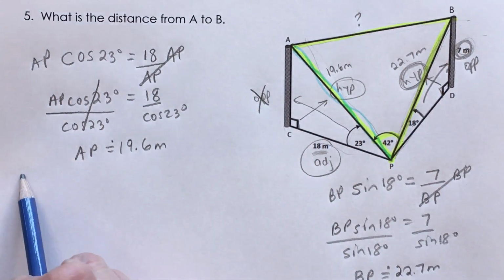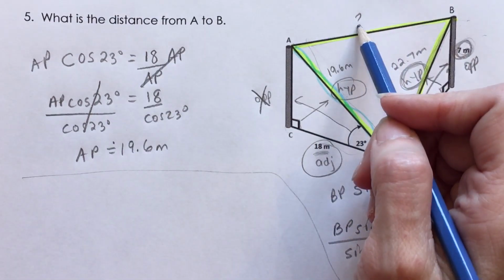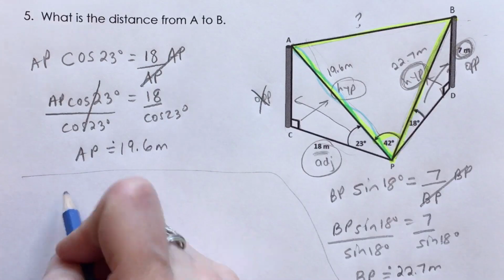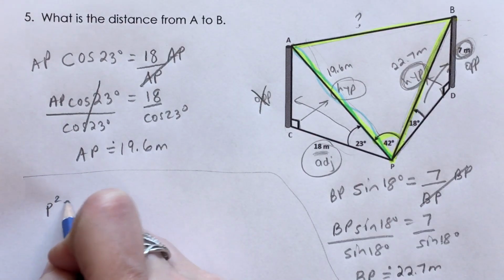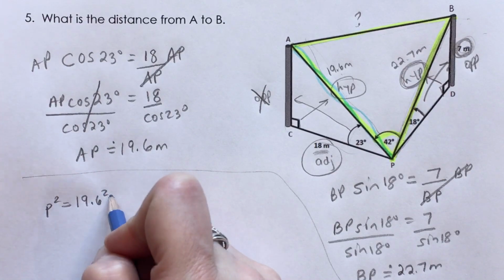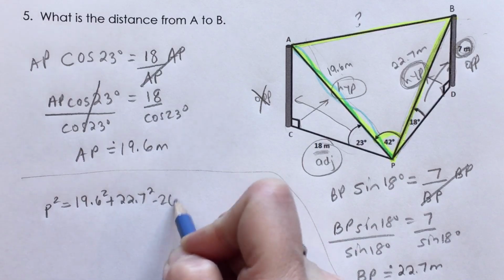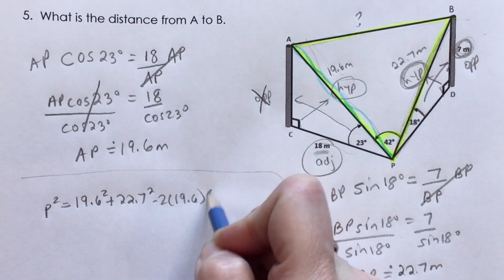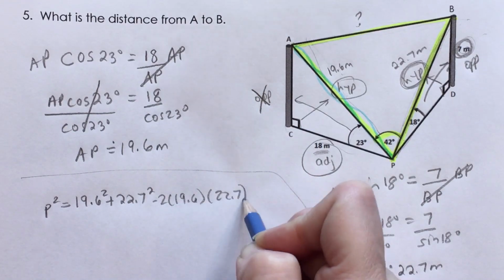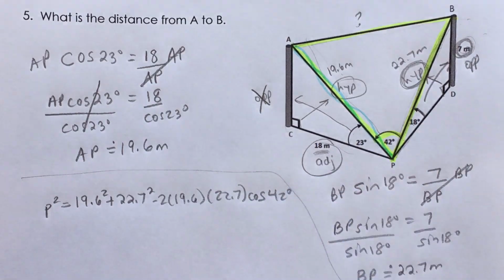So if we're going to use the cosine law, I would start off with the side I want to know here. We could call it little p squared equals the other two sides squared, 19.6 squared plus 22.7 squared, minus 2 times 19.6 times 22.7 times the cosine of the angle between them, which is 42 degrees.